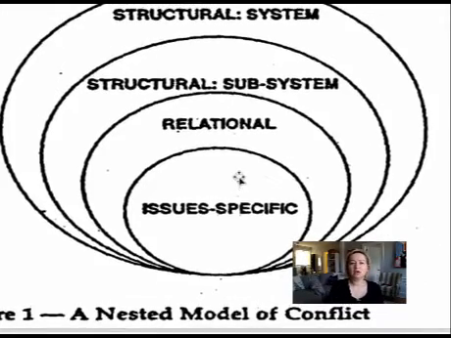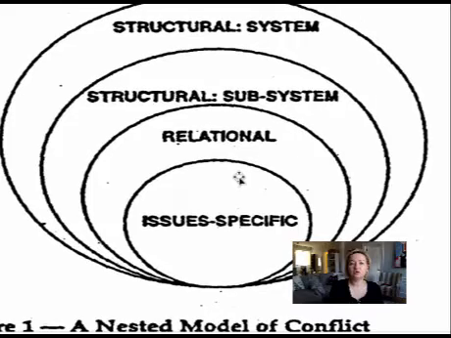And here we have also a very interesting model that's used for conflict mapping. It's a nested model of conflict, and it was created by Maire Dugan.